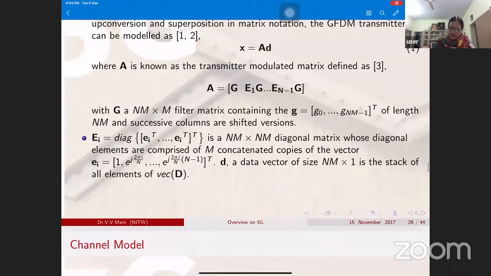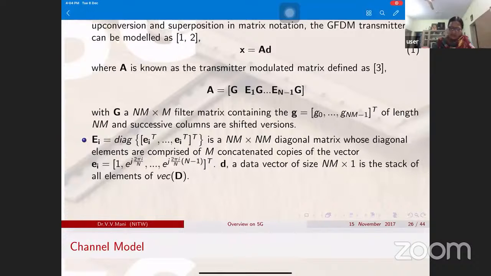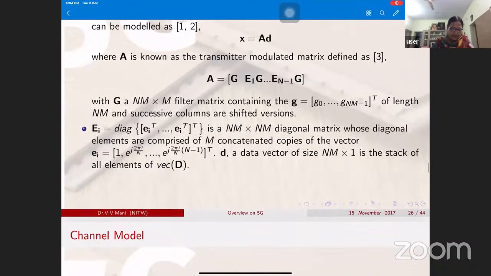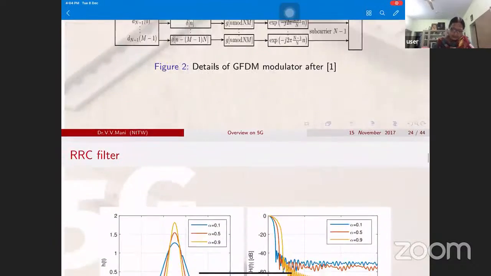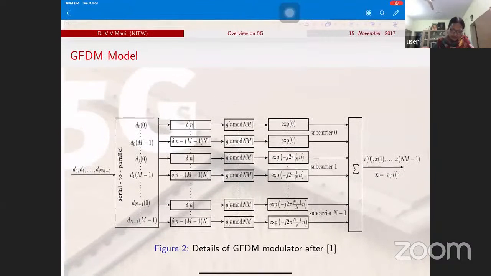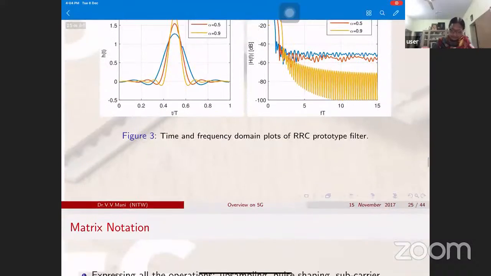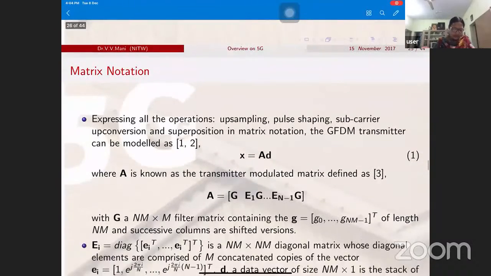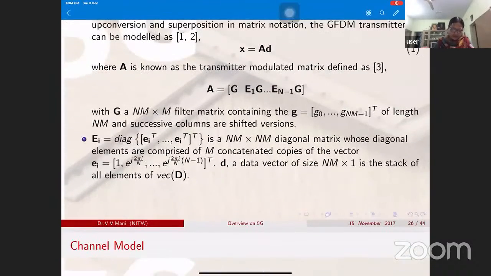This transmitter modulation matrix A is an NM cross M filter matrix containing the G's, as I said in the beginning. These are the G's, right? This is G of n mod NM, of length NM, and successive columns are shifted versions.